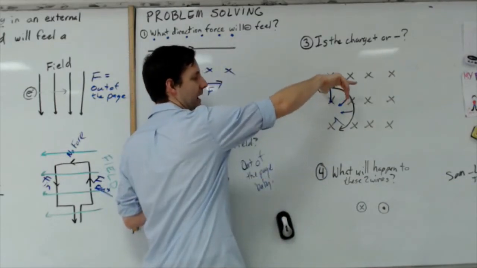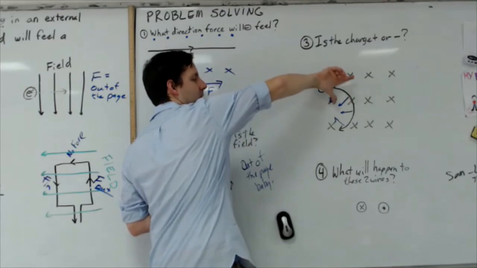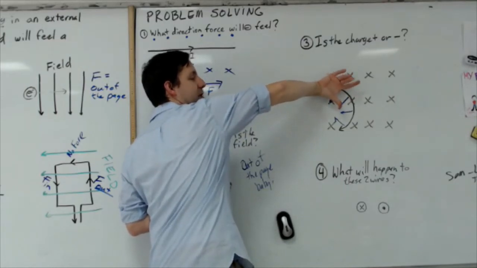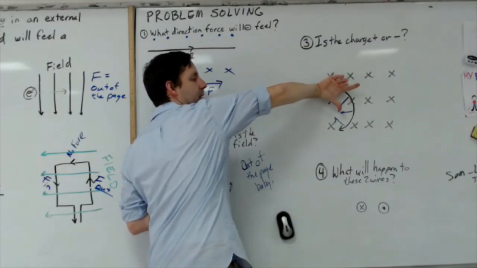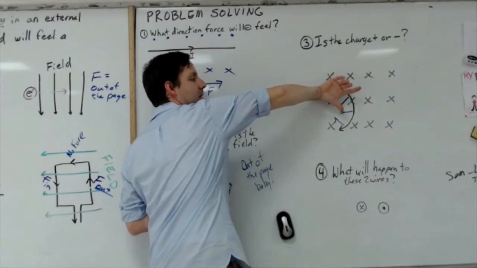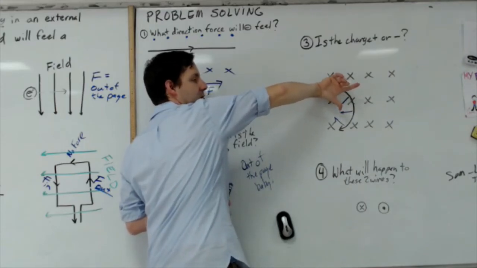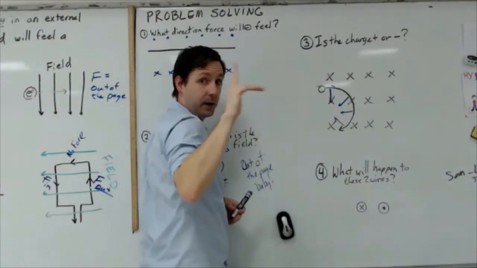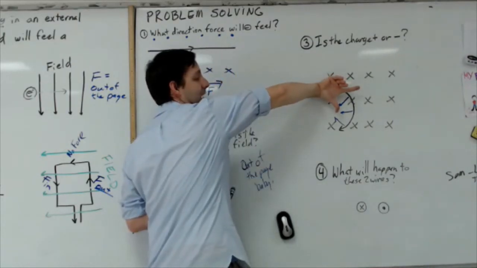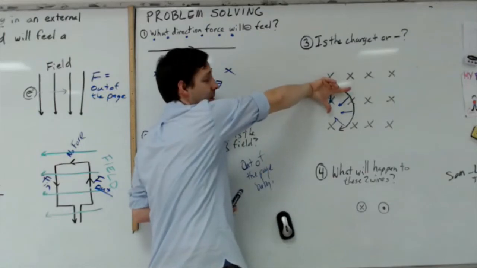I need to turn my hand so that the force is downward. What direction do you see the field there? The field needs to be out of the page. So in order to get that force, if this were a right-hand rule with a positive charge, I would need a field out of the page, but I don't have out of the page.